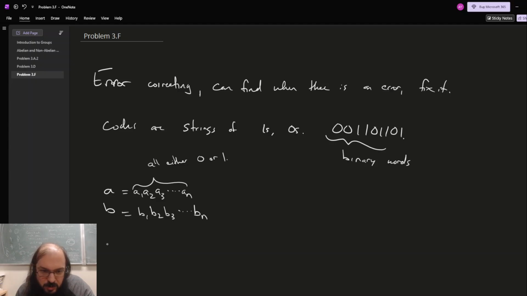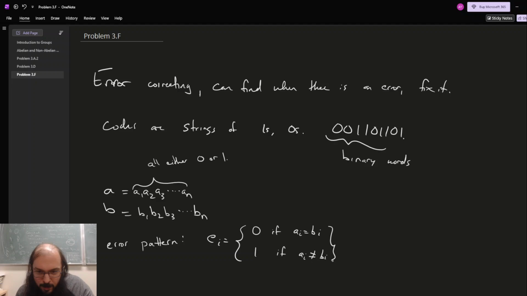Then we're going to introduce something called the error pattern. This is denoted by E, and we write Ei. The ith slot will be 0 if they are the same, and 1 if they are different.